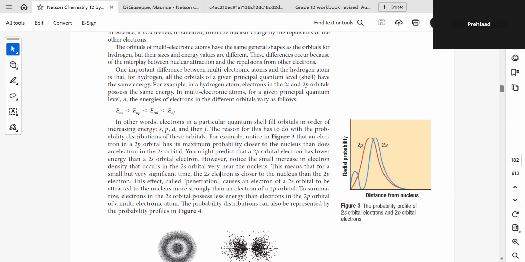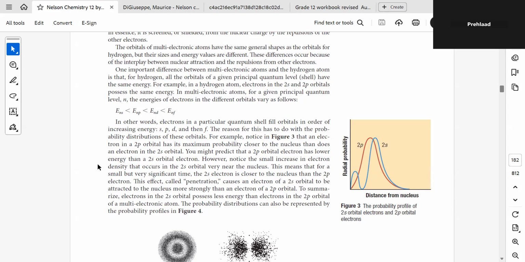So let me see whether I am reading it correctly. The electron in the 2p orbital has its maximum closer to the nucleus than the electron in the 2s orbital. You might predict that the 2p orbital has lower energy than a 2s electron. However, notice the small increase in electron density very near to the nucleus.